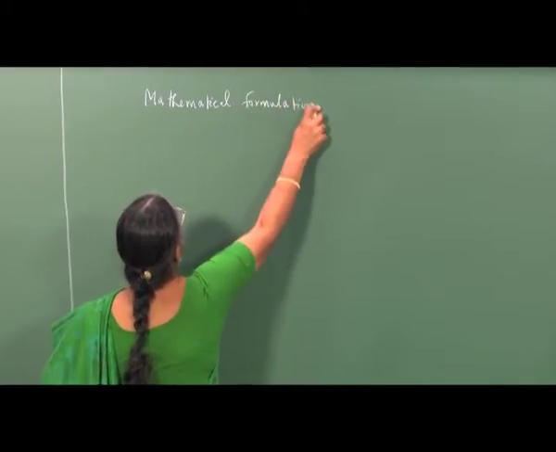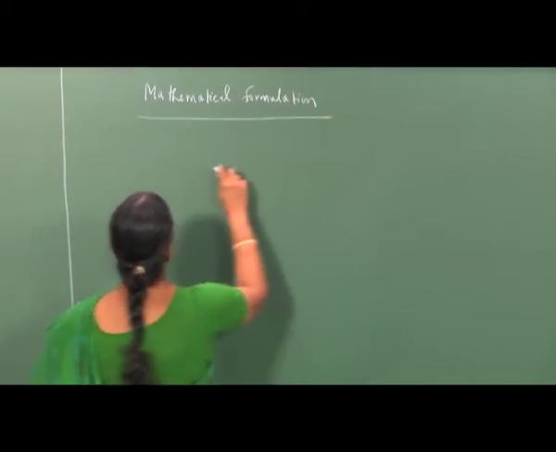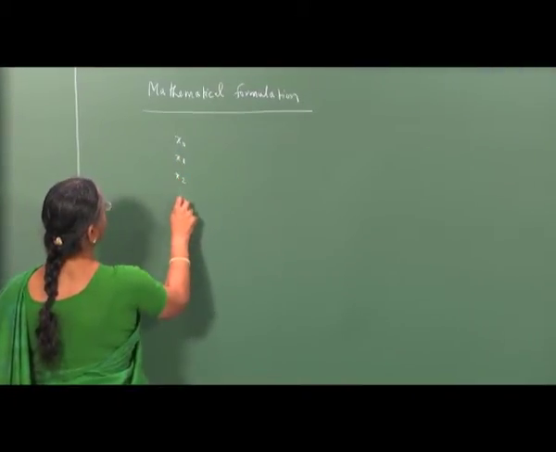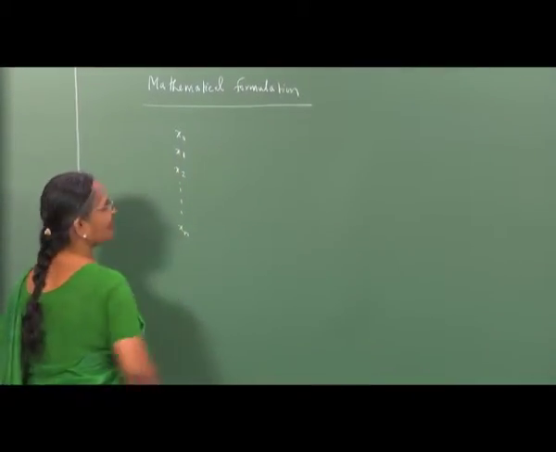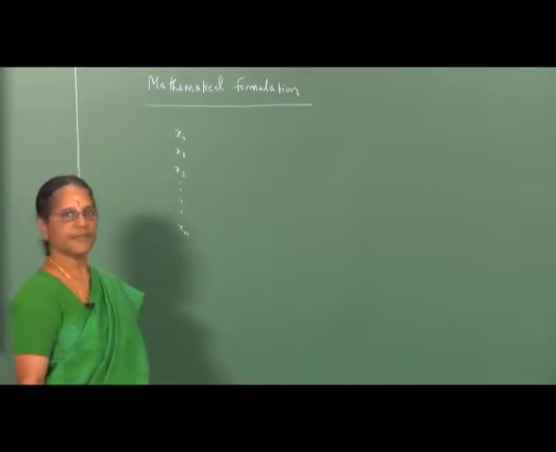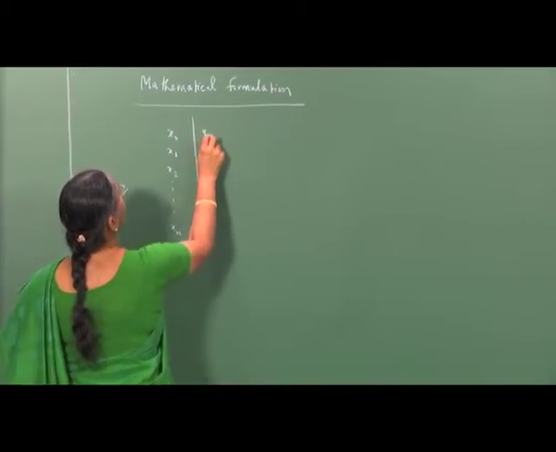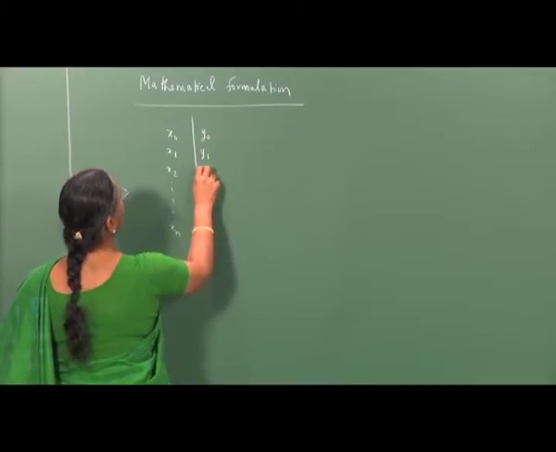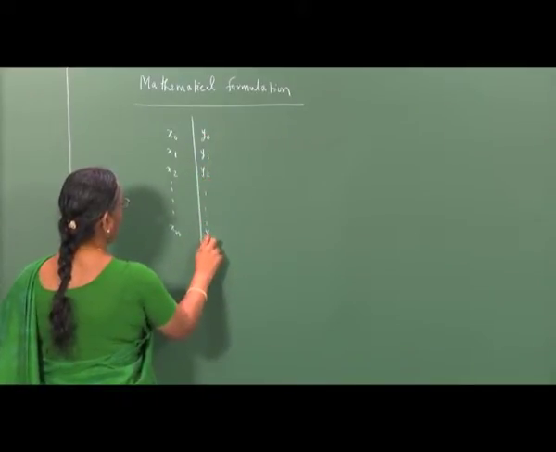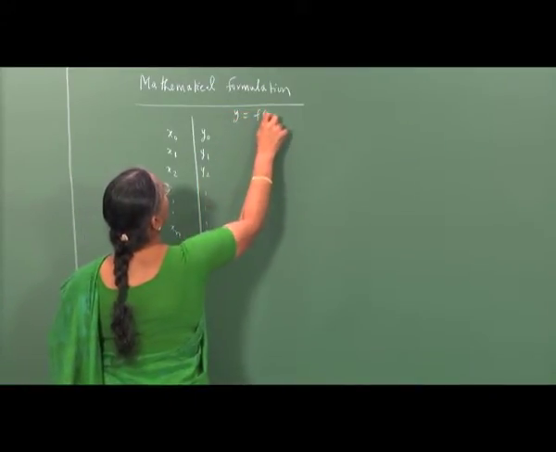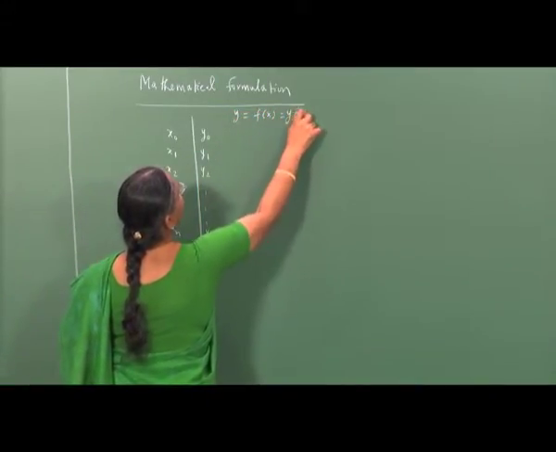So, we are given a set of discrete values, say at points x0, x1, etc., xn, and the corresponding values are say y0, y1, y2, etc., yn of some function y is equal to f of x.